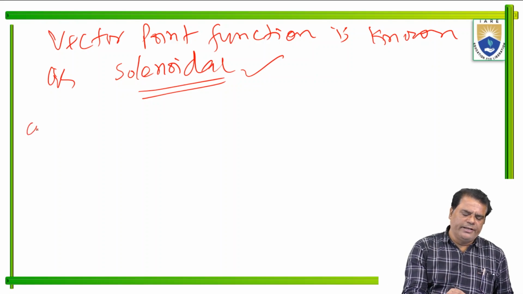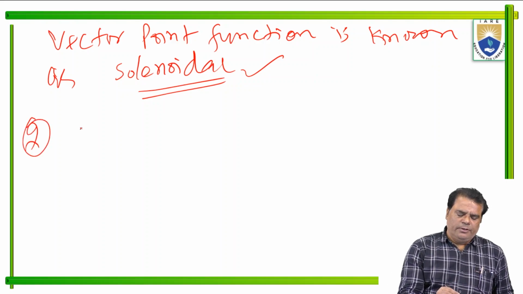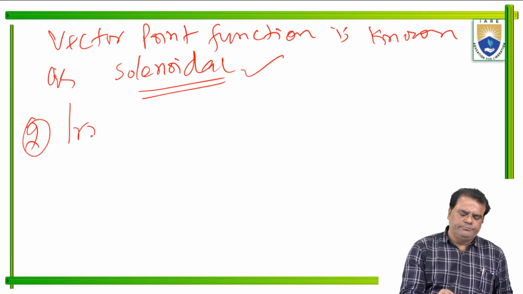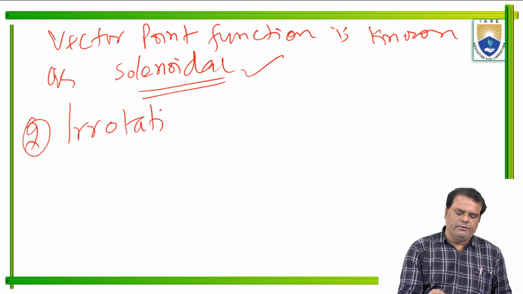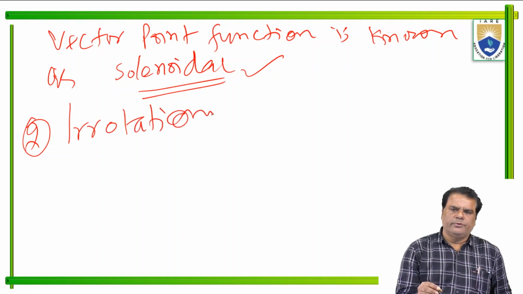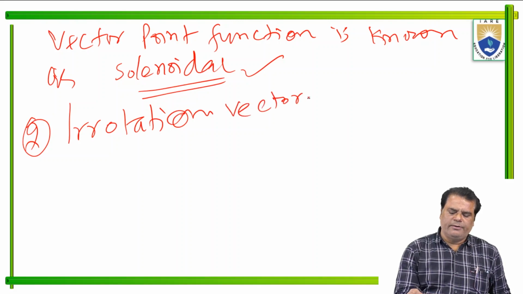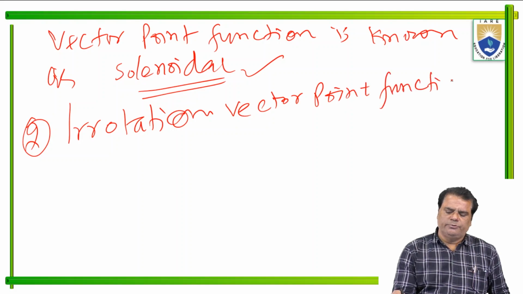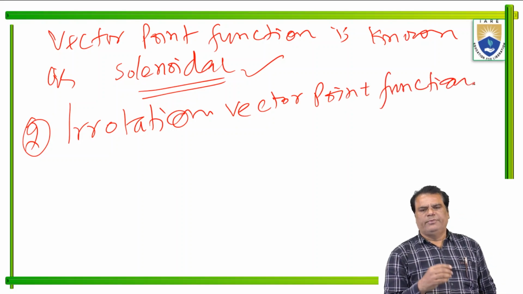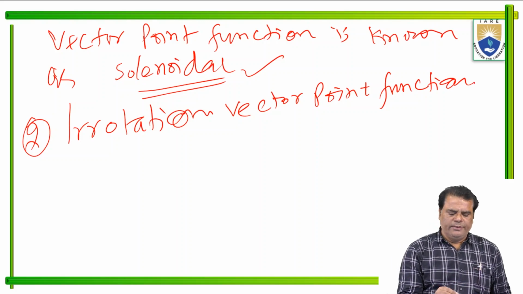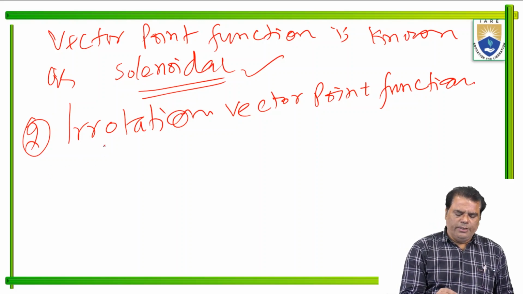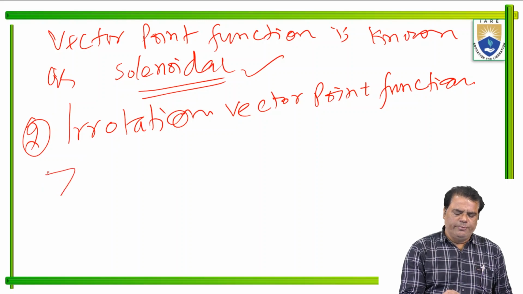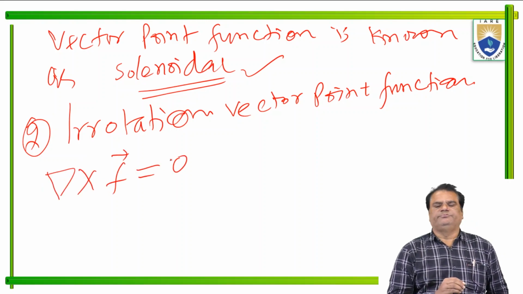Now the second point is the irrotational vector point function. We have solved one question, and for irrotational there should be del cross vector f, and this must be 0.